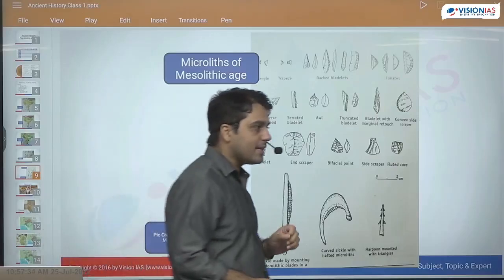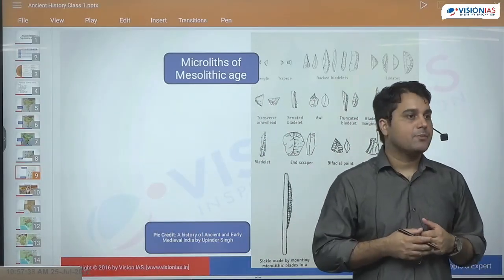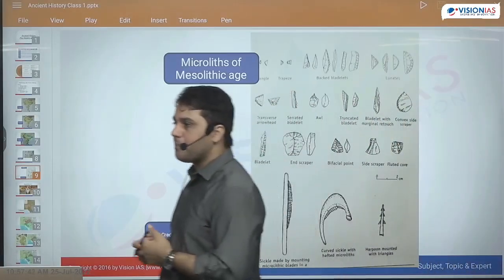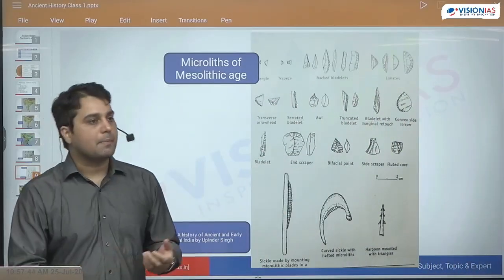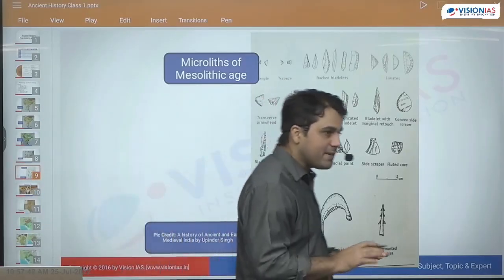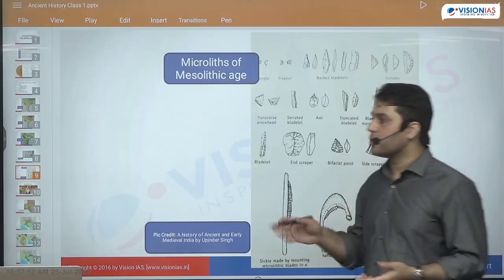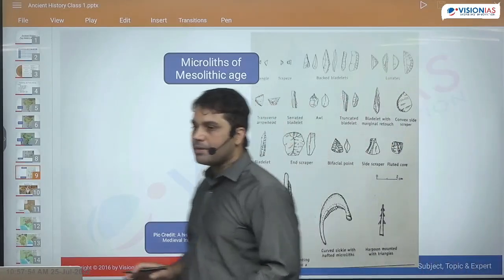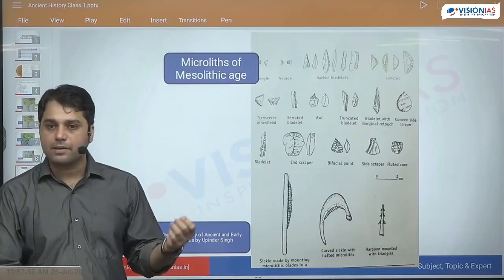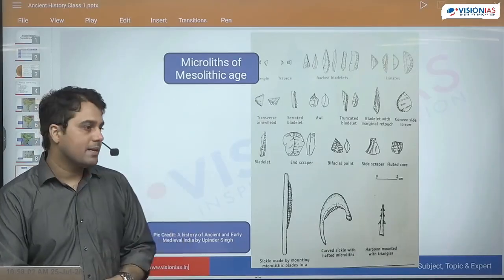In ancient history, another very interesting thing to know about beliefs of people is what they did with their dead body. So for example, in Paleolithic phase, you find that as people died, they were left around. There was no investment in their burial, nor any sacrificial ritual involved. But in Mesolithic age, we do find early evidence of burial at some locations here and there.